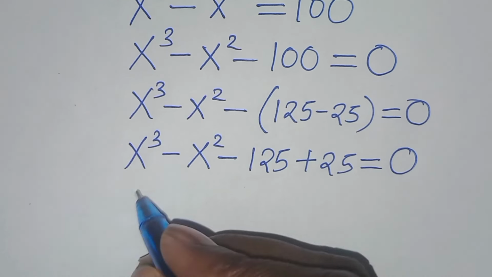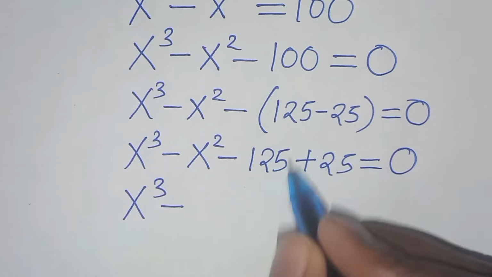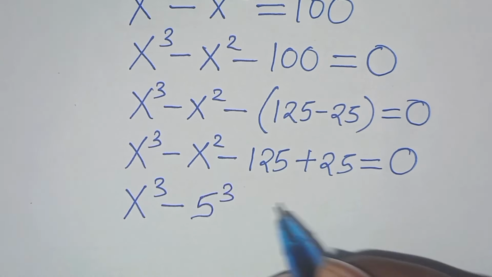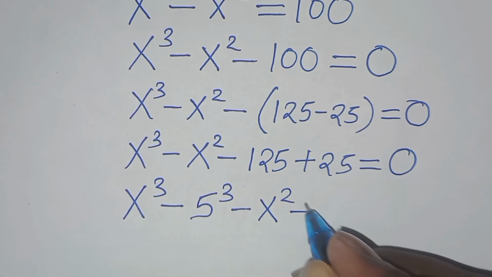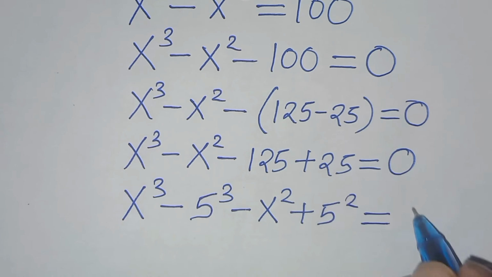This implies x to power 3 minus 125, which is actually 5 to power 3, then subtract x to power 2 plus 25, which is actually 5 to power 2. This is equal to 0.